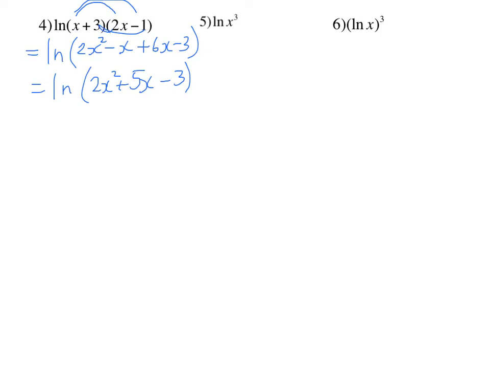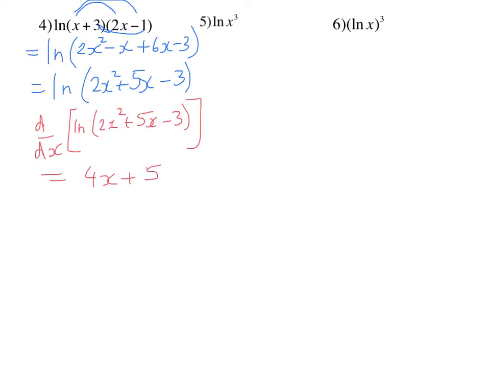So we will find d dx of the log of 2x squared plus 5x minus 3. Differentiating log functions, it is the derivative of f of x over f of x. So the derivative of 2x squared plus 5x minus 3 is going to be 4x plus 5 over the original function, 2x squared plus 5x minus 3.